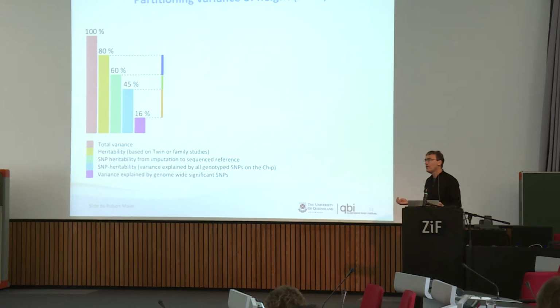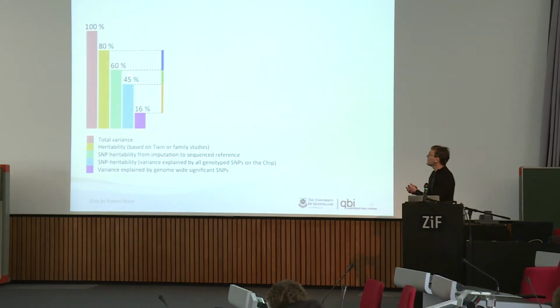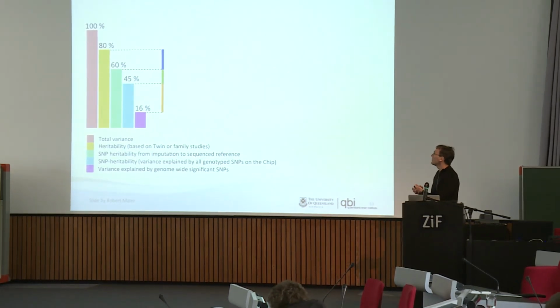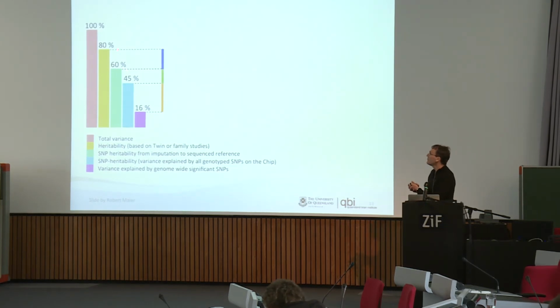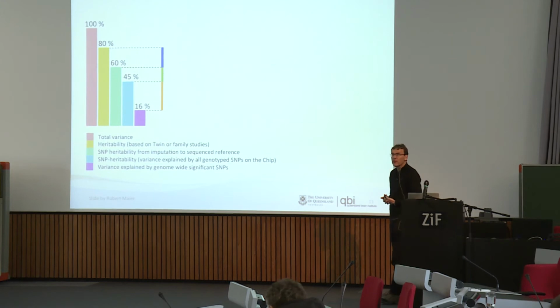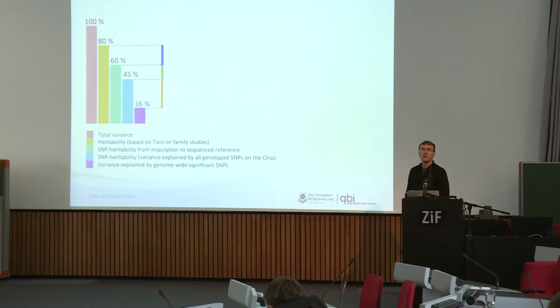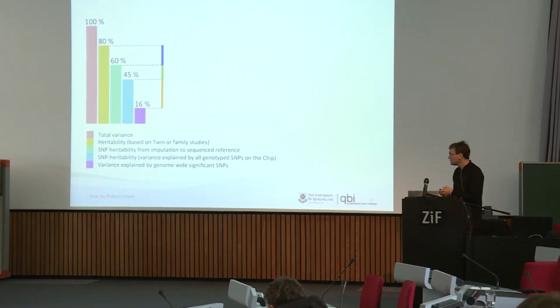If you were to go from a SNP array to more like full sequence data, with something in between, which is imputed sequence data, you recover nearly all the genetic variation. So in terms of the missing heritability for height at least, there's a very small gap now between what's been captured from a genome sequence or an imputed genome sequence and the total heritability, which is all genetic variation that's segregating in the population.